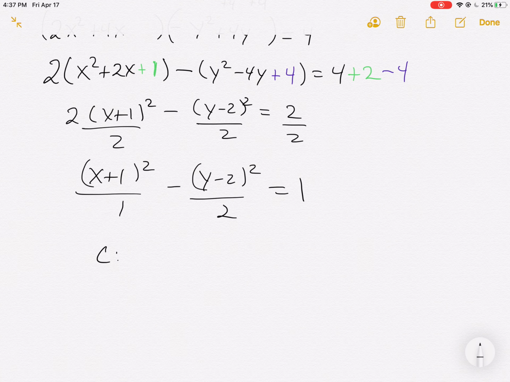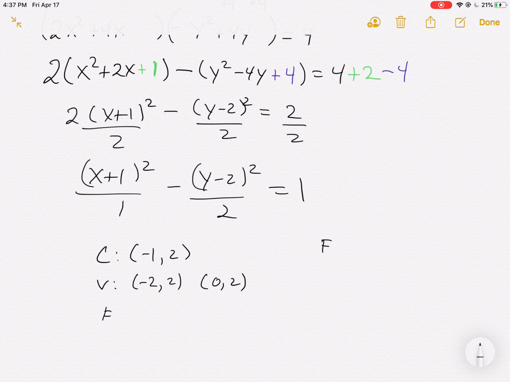And what do we see? That we have a center at negative 1, 2. Everything's happening to the x-axis. So our vertices, well, that's a 1 underneath there. The square root of 1 is 1, so I've got to subtract 1 to get to one of the vertices and add 1 to get to the other. And so I have negative 2, 2 and 0, 2. What about my foci?